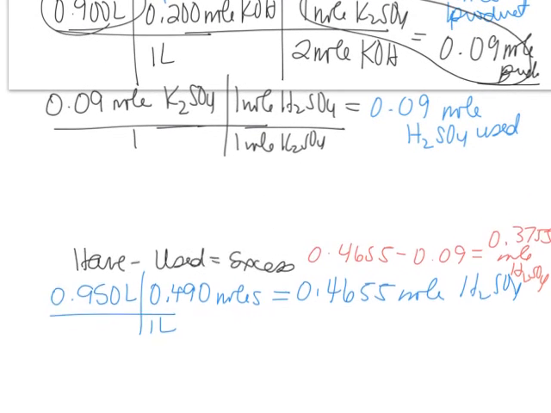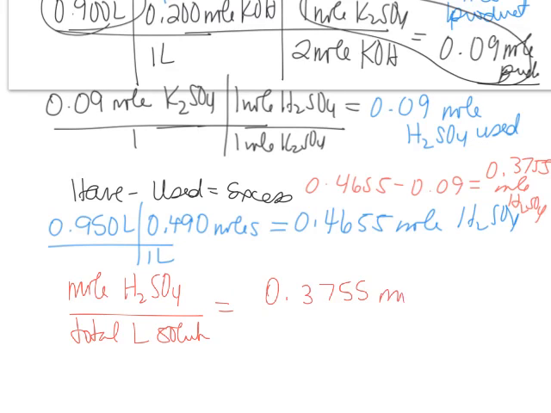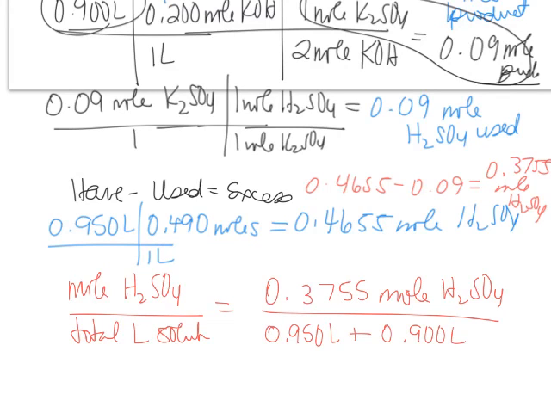What do we do when it asks for concentration? We need the mole of sulfuric acid over the total volume, liter of solution. So we do have the moles here, 0.3755 mole of sulfuric acid, but what's our total volume? Basically we have added 0.950 liters of sulfuric acid, and we also added 0.900 liters of potassium hydroxide.